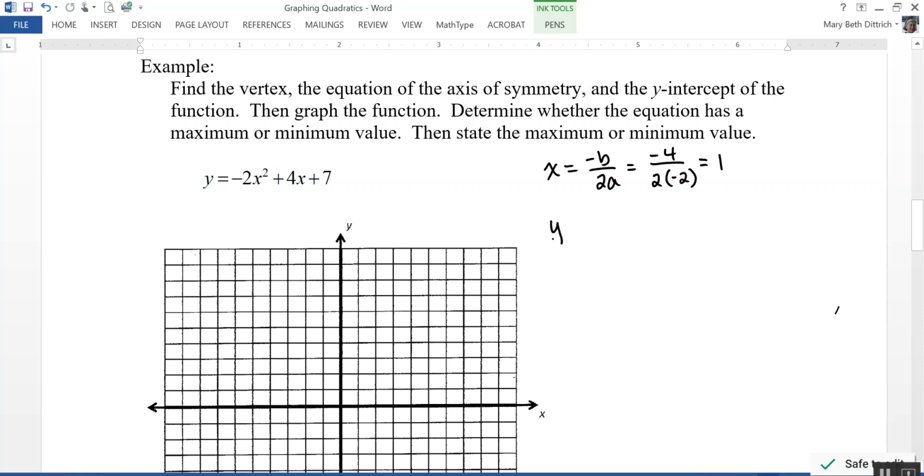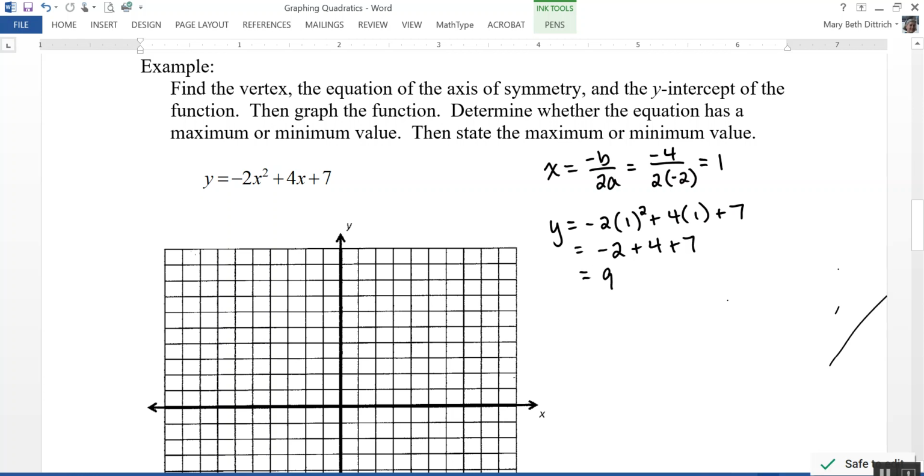Let's find the y-coordinate of the vertex and plug 1 in for x. So that'll give me negative 2 times 1 squared plus 4 times 1 plus 7. 1 squared is 1 times negative 2 gives me negative 2 plus 4 plus 7, or y is equal to 9.